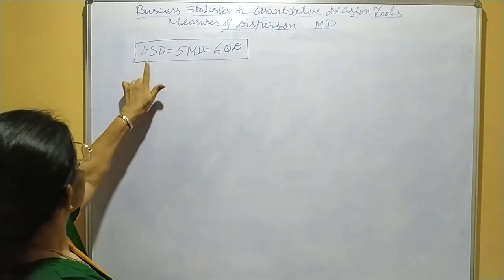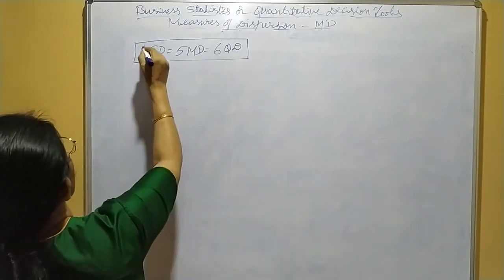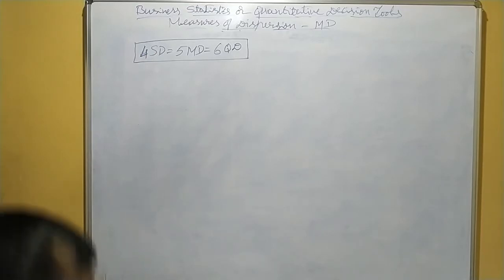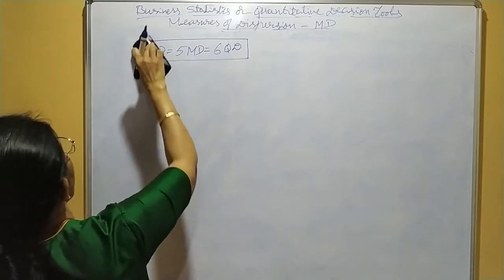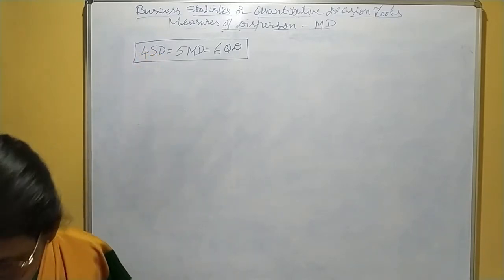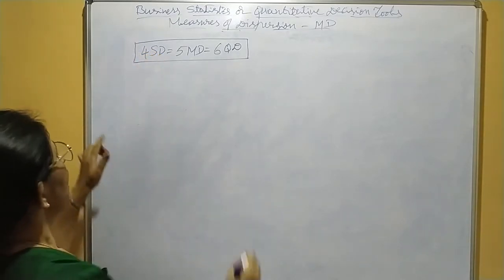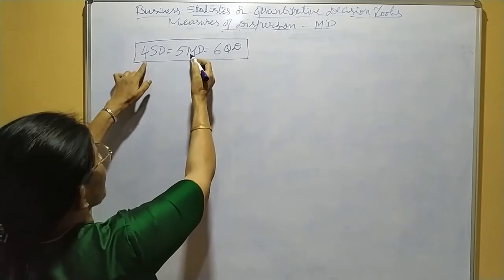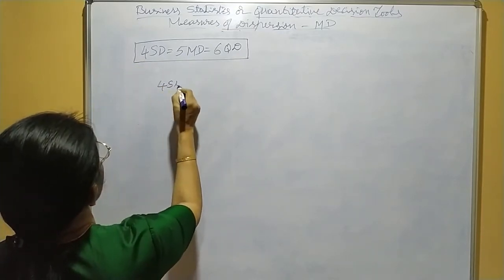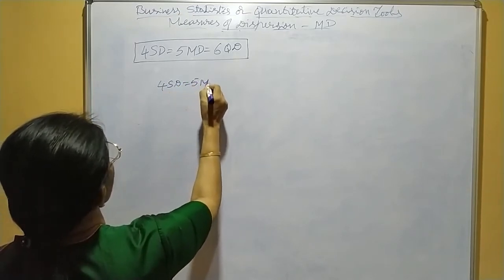When mean deviation is given and you are asked to find out standard deviation, okay, then what should we do? We take only the relation of these two. Then 4SD = 5MD.